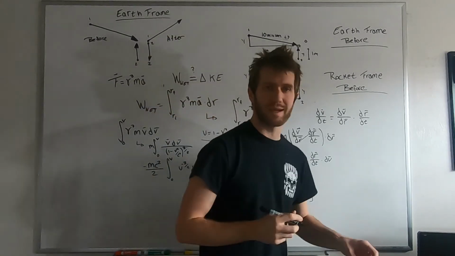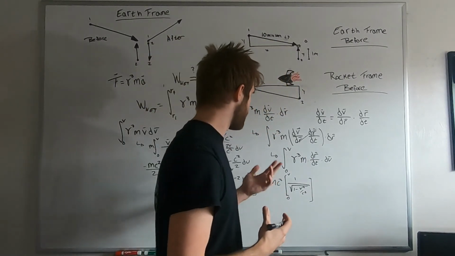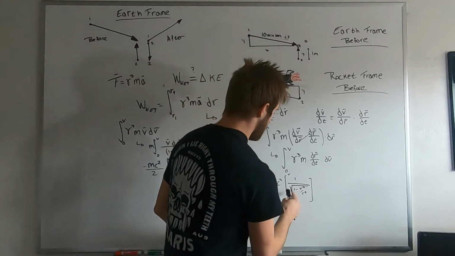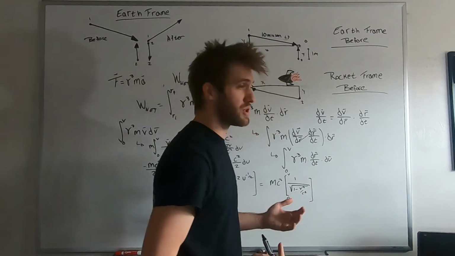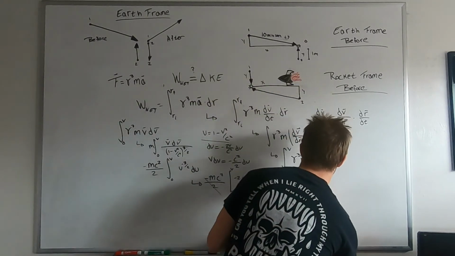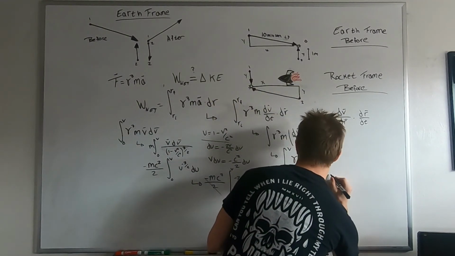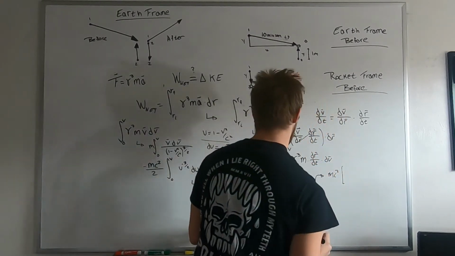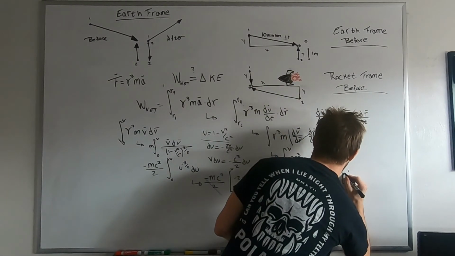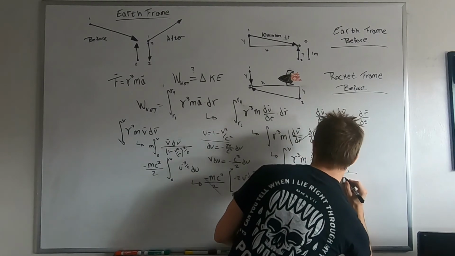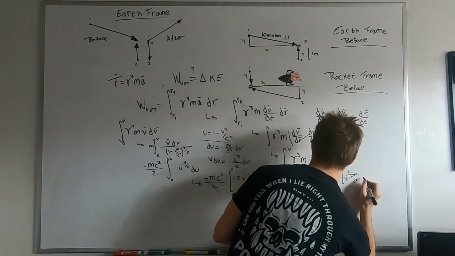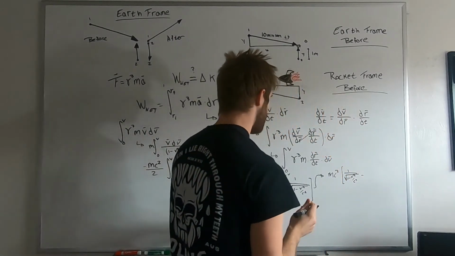So now we can take the limits, and what that gives us is this factor minus some 1 minus v squared over c squared, which is just 1, right? So we're going to have this over here. So mc squared, where we now have our 1 over the square root of 1 minus v squared over c squared minus, well, what do we got?